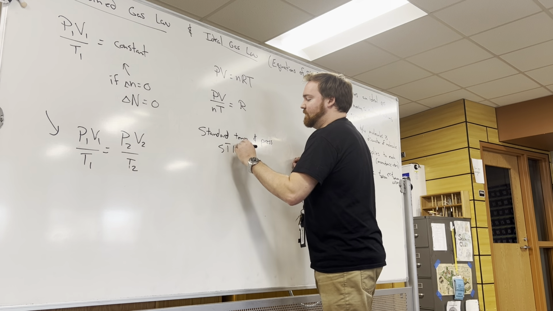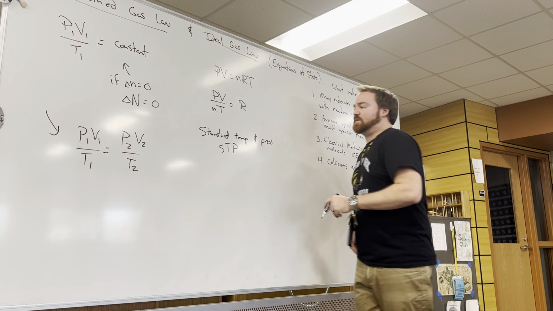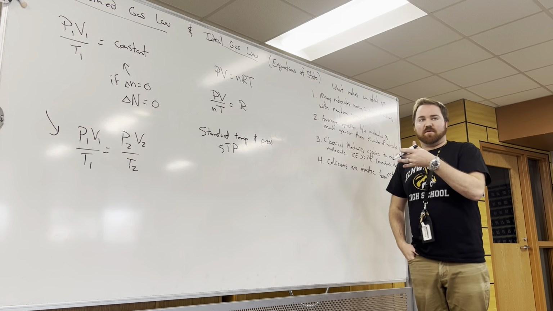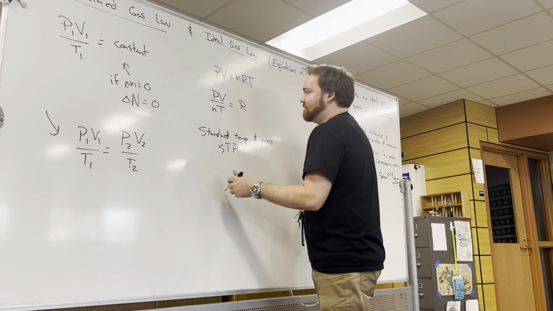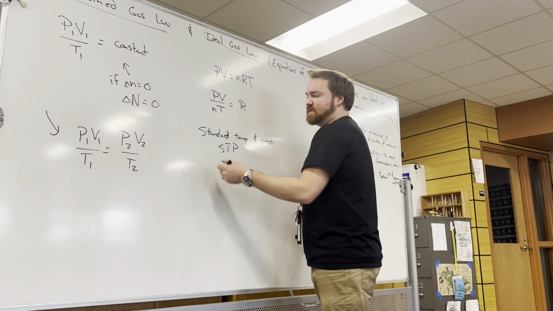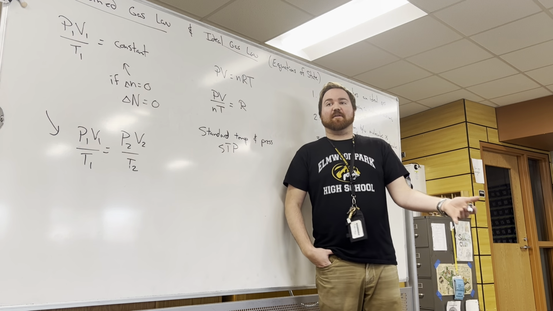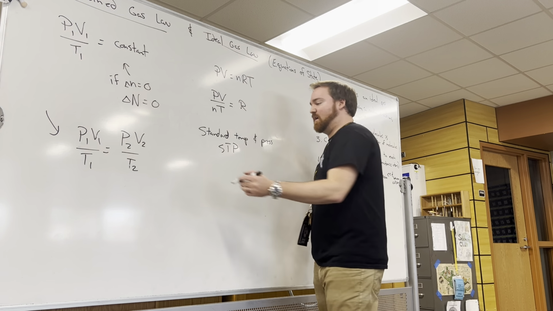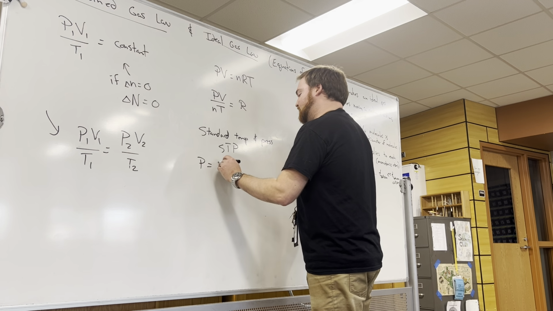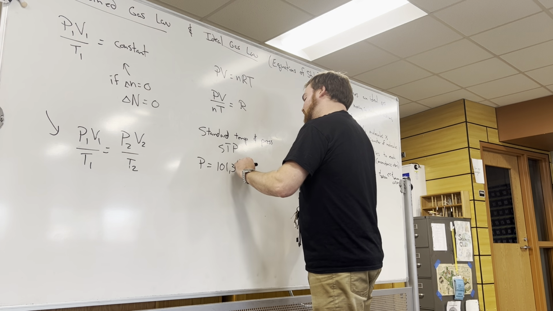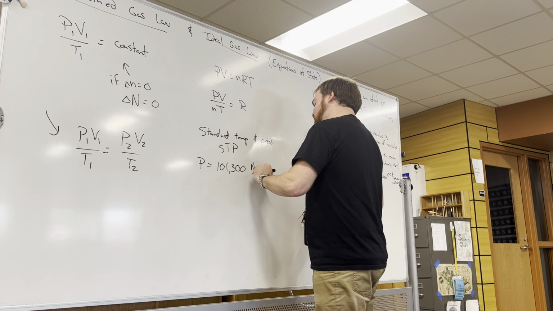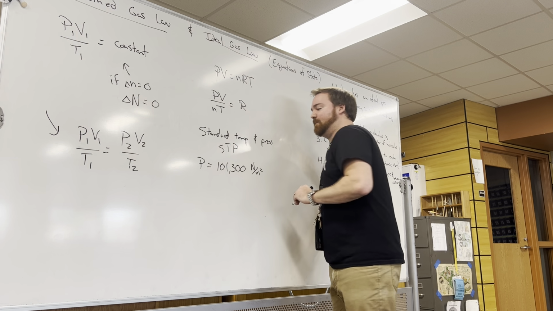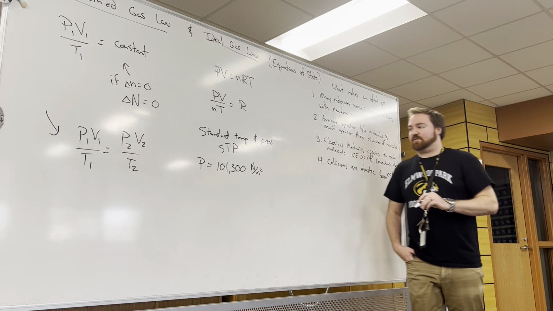Well, this is just some choice that we've made for the normal pressure for a gas to be under and the normal temperature for a gas to be at. If you recall, what's the normal pressure that we're all under all the time? 1 atmosphere. So the standard pressure is actually 101,300 pascals. I'm going to write in standard units, newtons per square meter, because I'm going to be doing everything in standard units.